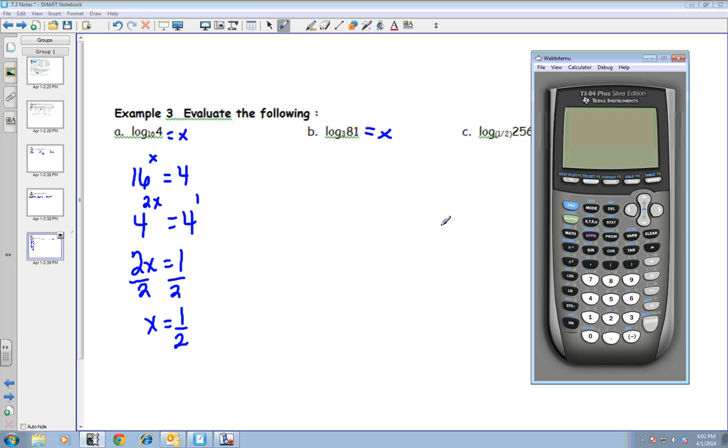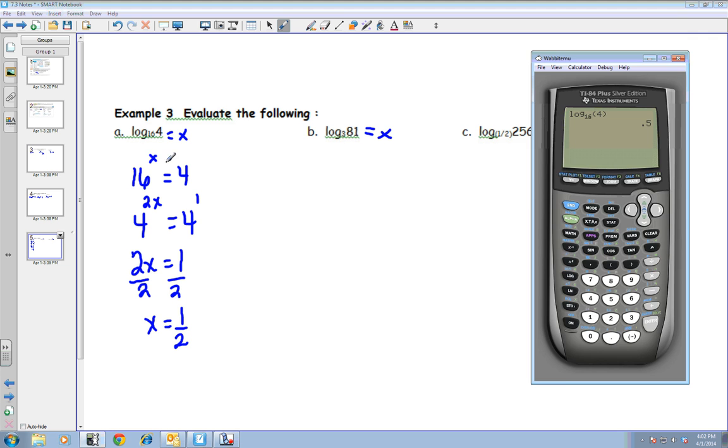I'm going to hit my math button, and I'm going to scroll all the way down until I get to where it says log base. And now I'm going to fill in the numbers. It's log base 16, 4 goes there, and my answer is 0.5, which is what I got.